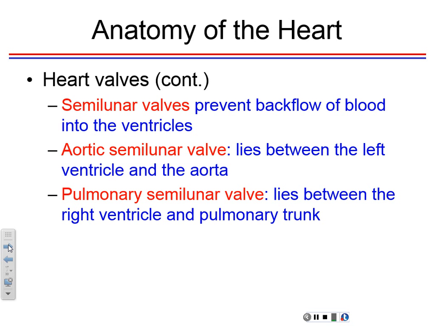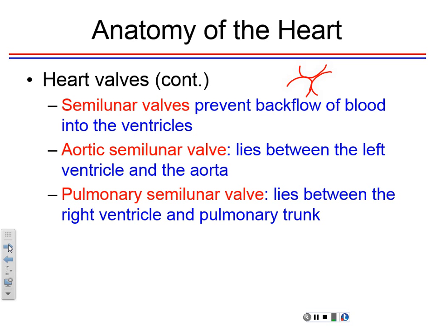All right? And then we've got another set of valves in the pulmonary trunk and the aorta called semilunar valves, because the cusps look like half moons. There will be 3 of them like that. They fill up with blood after the ventricles contract and the tricuspid and the bicuspid valves close, because the blood will kind of go up there.